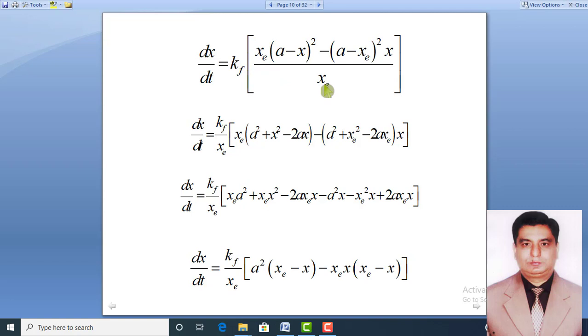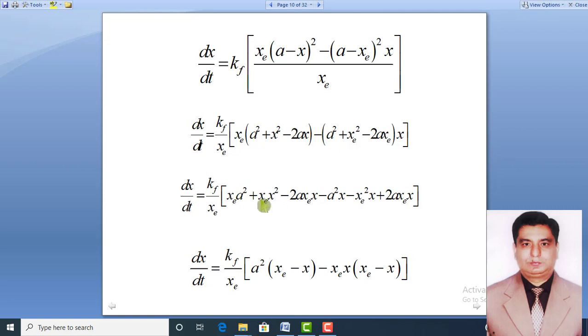The next step is very simple because we have applied the algebraic formula for (A minus X)². The solution of (A minus X)² will be A² plus X² minus 2AX. So if we open the square in this equation, it will be like this.